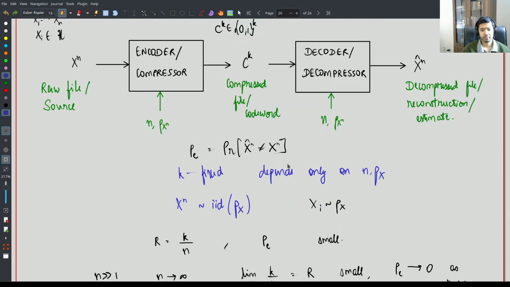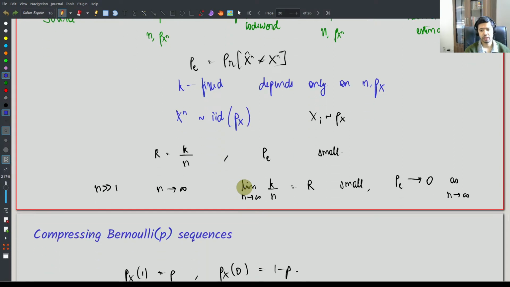What does that mean? So K is fixed and hopefully much smaller than N, and from Ck you can recover an Xn hat, and you want to ensure that the probability of error, which is defined as the probability that Xn hat is not equal to Xn, is vanishingly small. Right? So as n tends to infinity, the probability of error tends to 0.